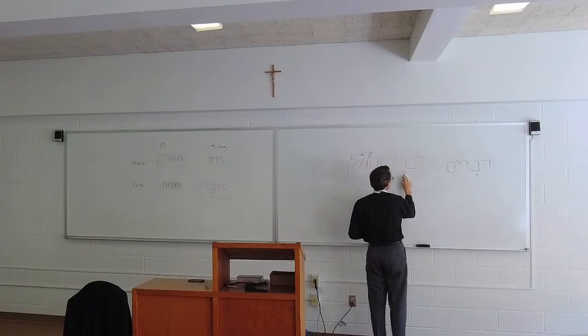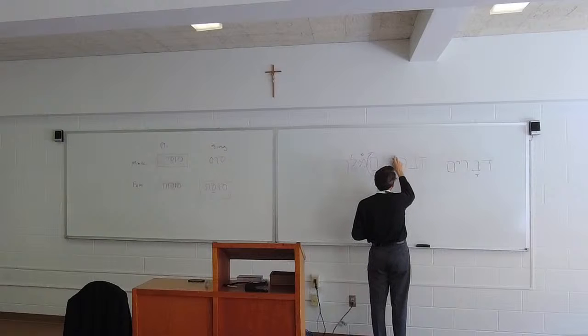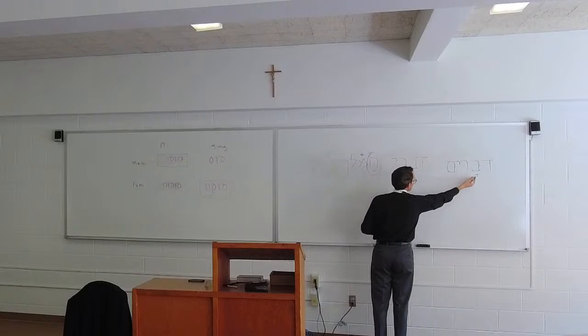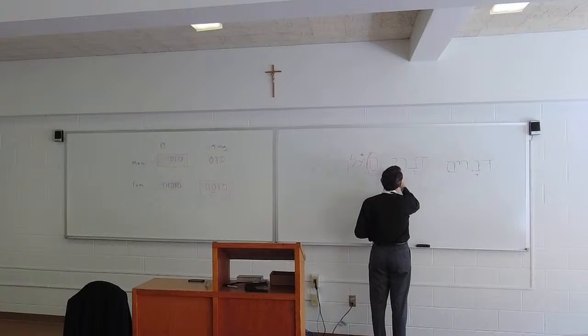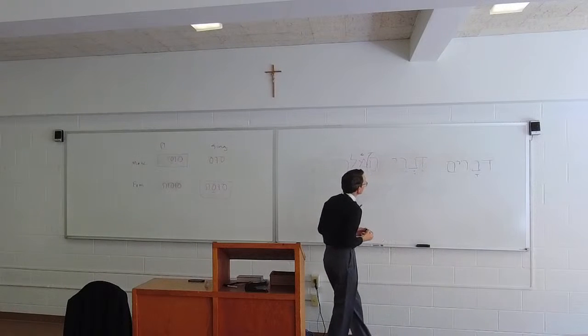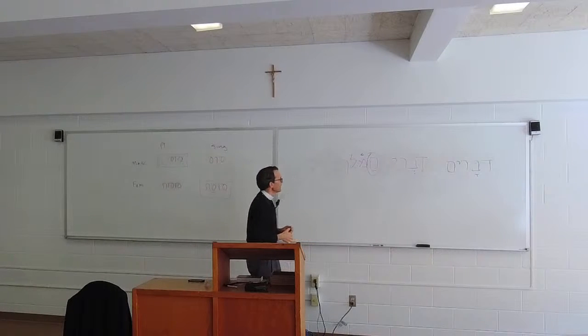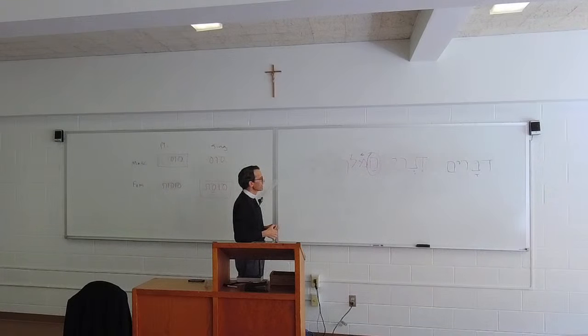The accent is over here. So this is stable because it's a long vowel with the yod here. This is going to reduce because it's propretonic, and then that is going to be a chiriq, a short vowel to fill this in. So the construct of this is divrei hamelech.